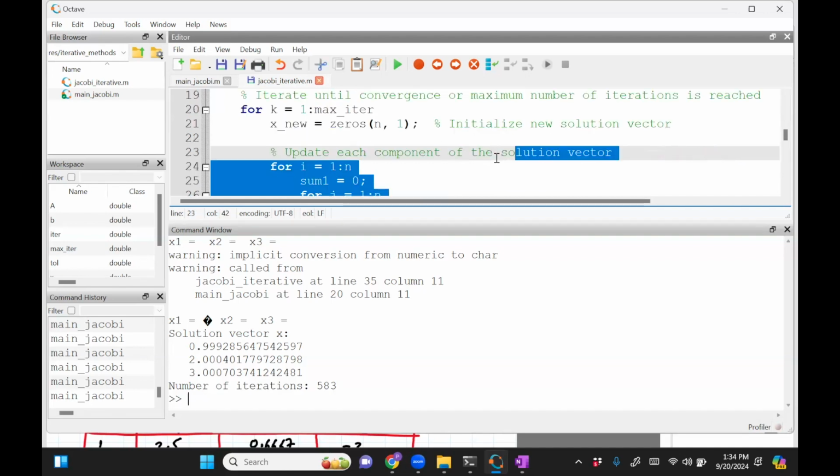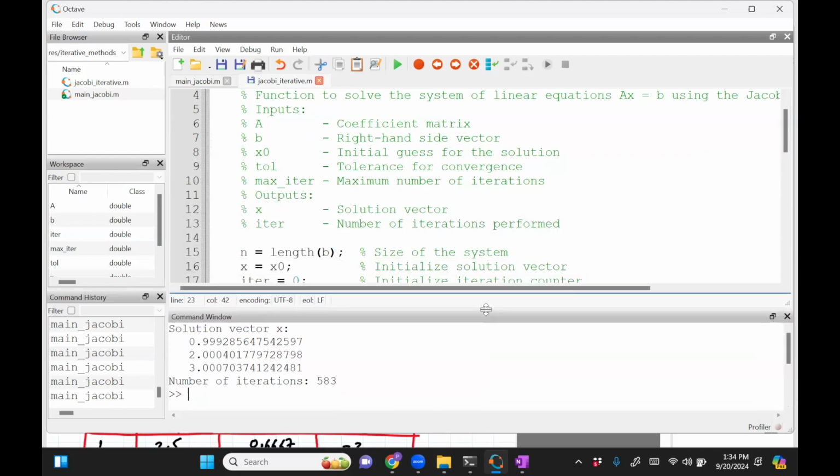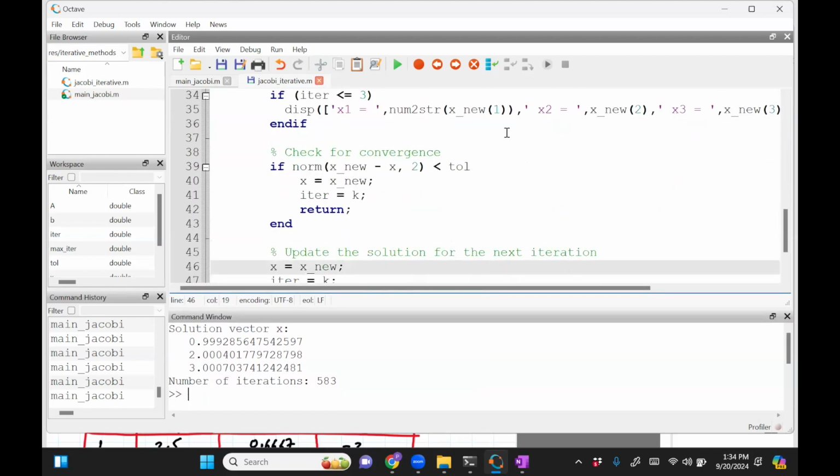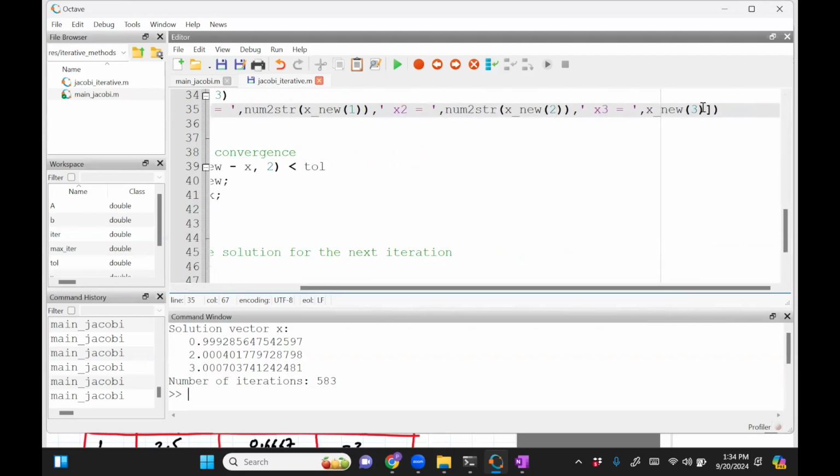And I need to do it for each and every one of those values. So let's just copy this. That should be variable 2, and it should be 3. Okay, let's see if this works.